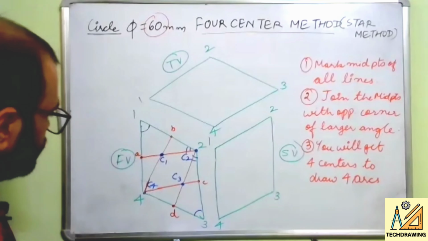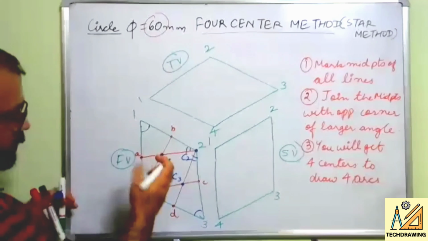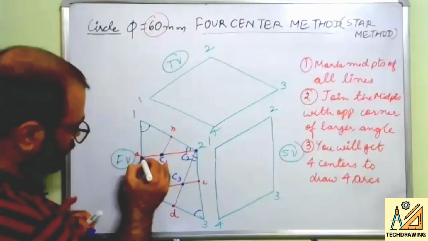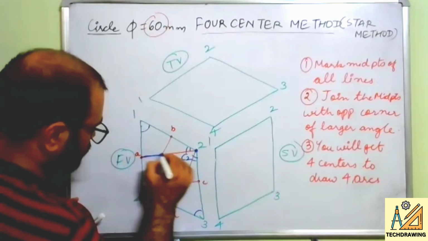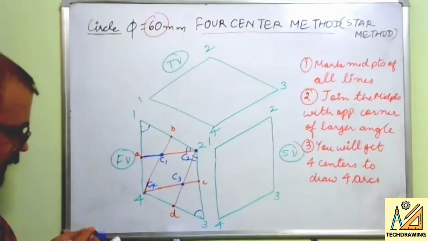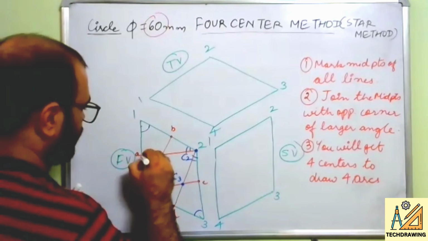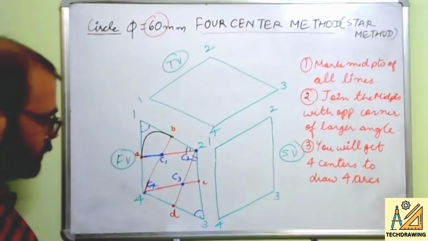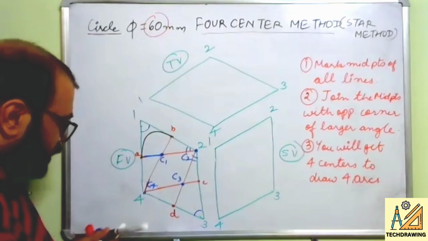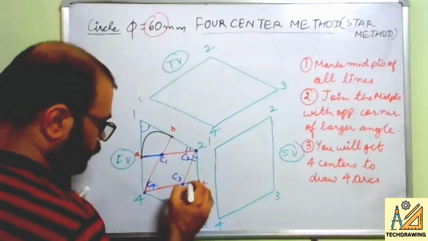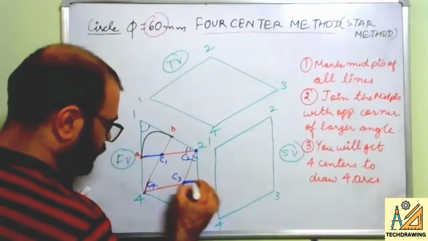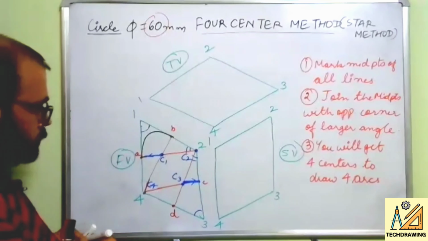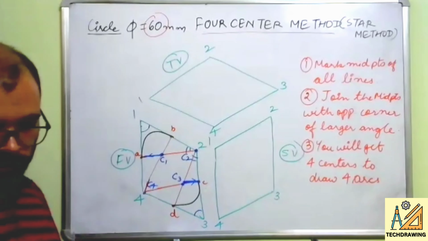Just see, keep your compass at C1, open it till A, this much. Taking this as radius, draw an arc like this. Similarly, keep your compass at C3, open it till D or C, whatever, it will be equal. Draw an arc like this.